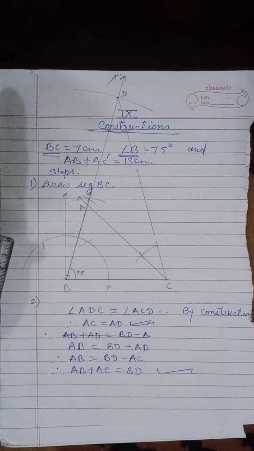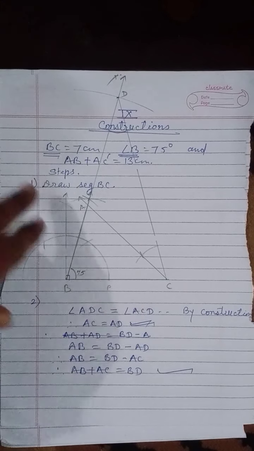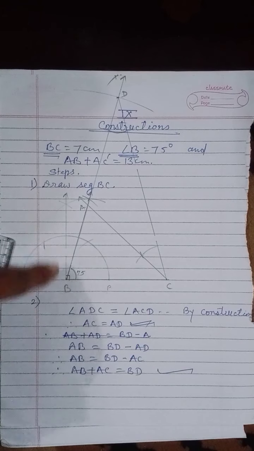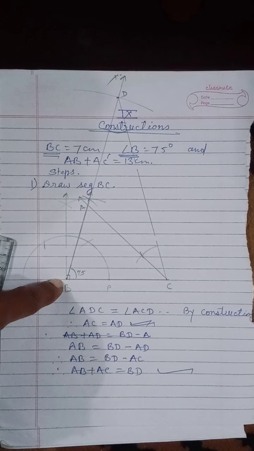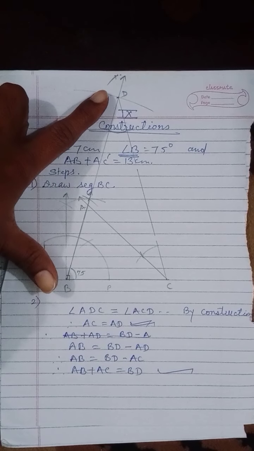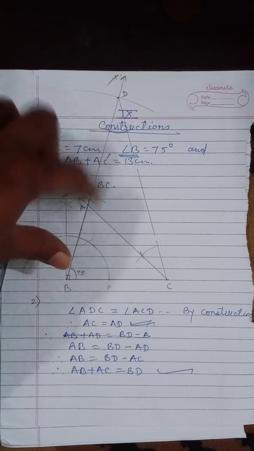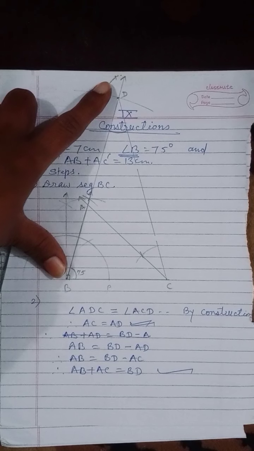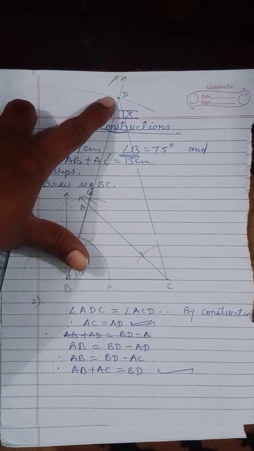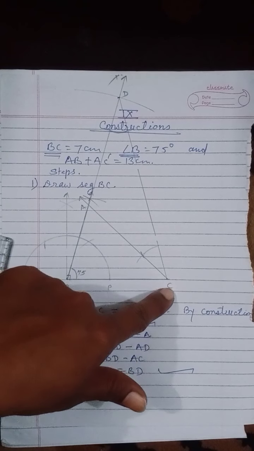Okay, have you got this construction? This is our ABC required triangle. First we drew BC, then we drew an angle of 75 degrees at B by using the construction method without a protractor. Then we took 13 centimeter distance in a compass and drew this ray BX, where the arc drawn is the point D. Join this point D and C, you will get DC.